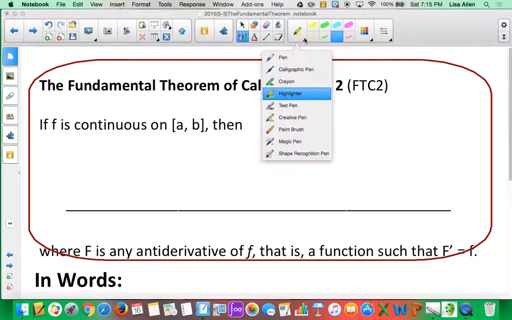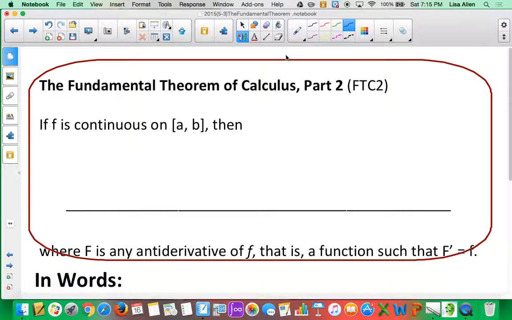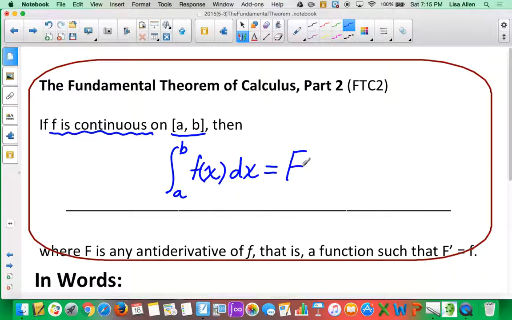So now, with the next part, we're talking about how we're dealing with a definite integral. If f is continuous on the closed interval a, b, then we have the integral from a to b of f of x dx is equal to capital F, some antiderivative evaluated at b, minus capital F, the same antiderivative evaluated at a.